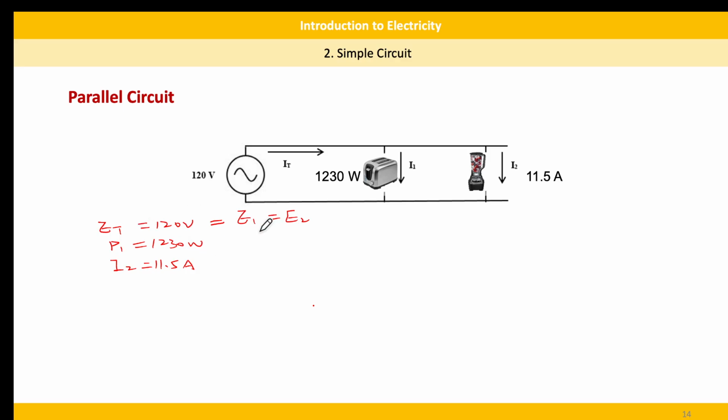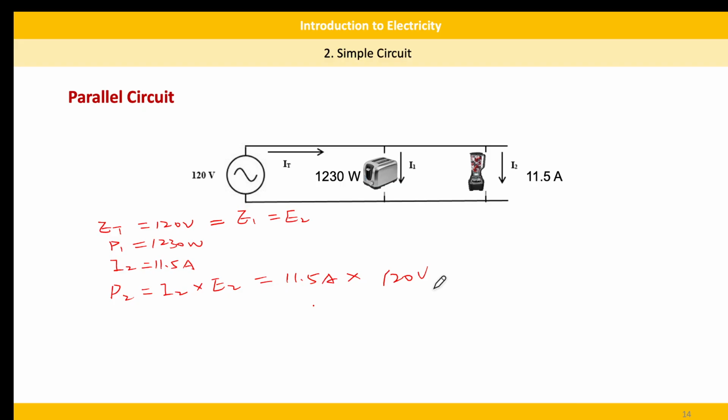And then let's say what we can calculate. We can calculate maybe P2. P2 is I2 multiply E2, so 11.58 multiply 120 V, right? So we can get P2.